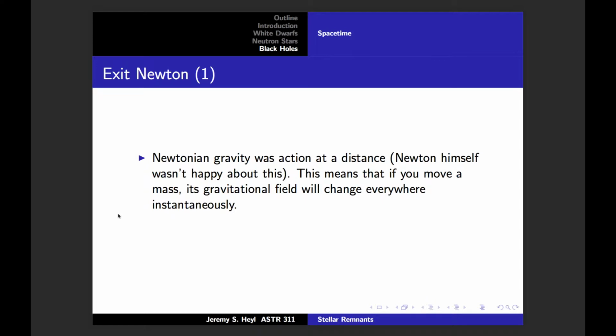It happens instantaneously. So as I move around just now, my gravitational field, according to Newtonian physics, propagates throughout the universe instantaneously. So by moving, if someone could measure my gravity over at a nearby star, they would know it right now. They could wiggle, send me a message back.